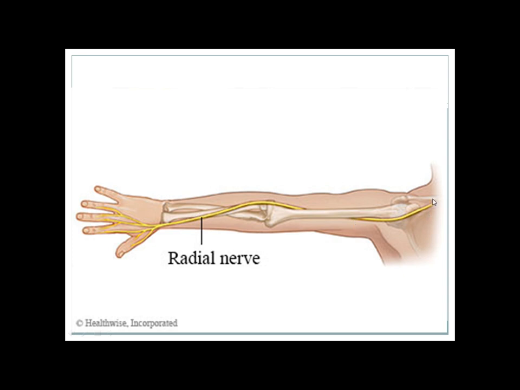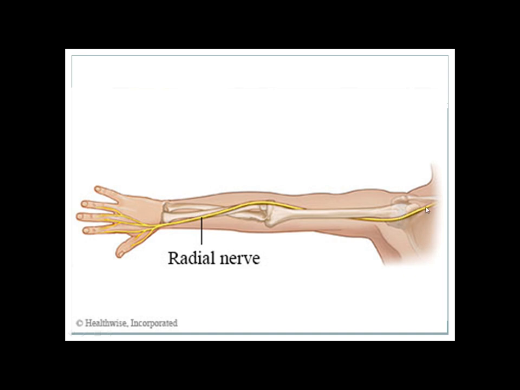It originates from the brachial plexus. You know the brachial plexus, it's a complex plexus formed by the nerve roots originating from the cervical spinal cord segments, and from the brachial plexus comes the radial nerve.